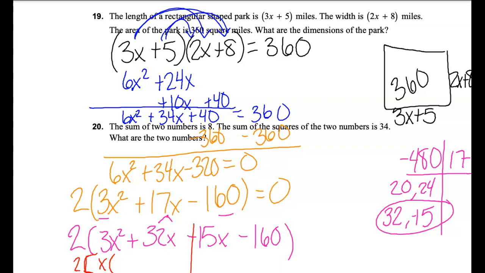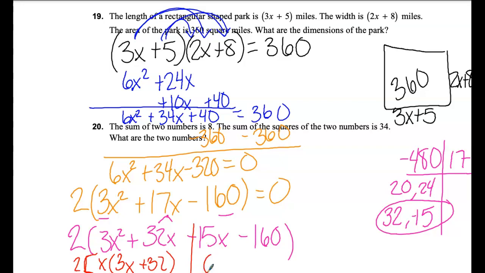What do I have? 3x plus 32. The other one. On the other side, what would I have? You can divide by 5. Can you do anything bigger than 5? You can't do 15. Okay, so if I pull out 5, negative 3x.